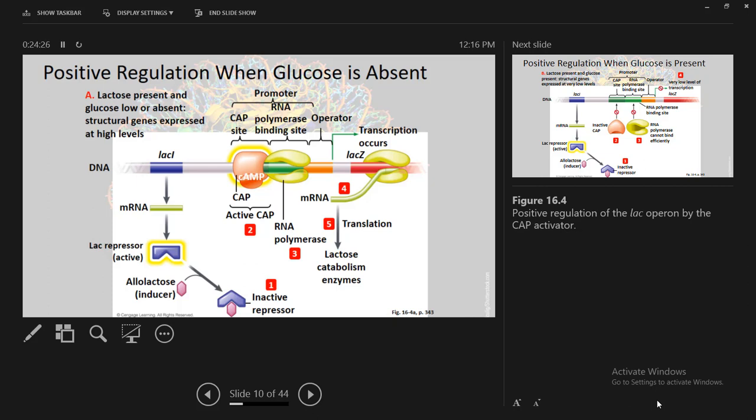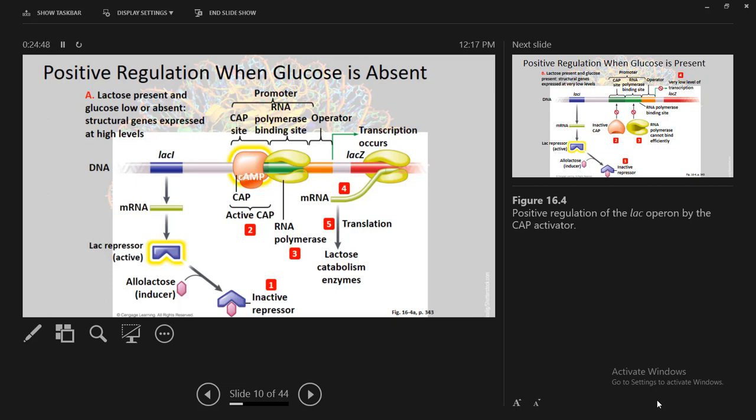And so we have another thing here. You see this? cAMP stands for cyclic AMP, and what it does is it increases the rate of the transcription of this operon. This molecule, cyclic AMP, is a derivative of AMP, which is adenosine monophosphate.